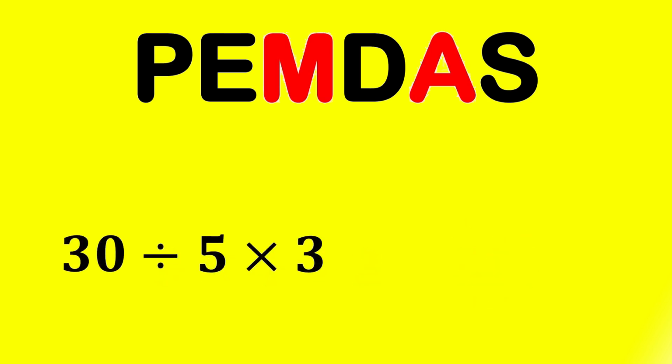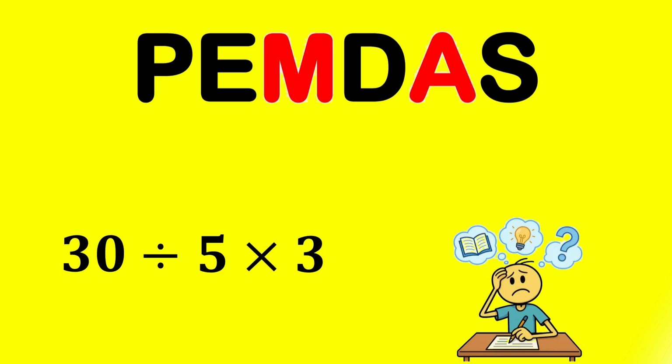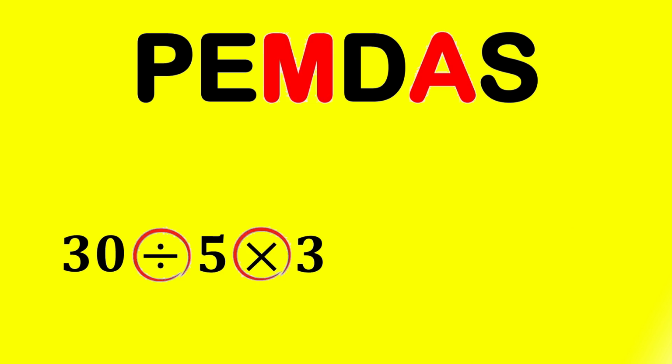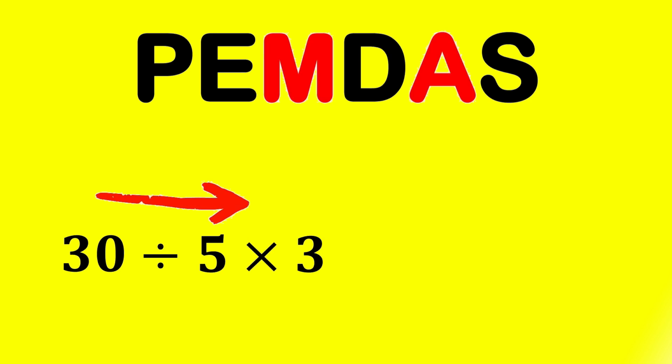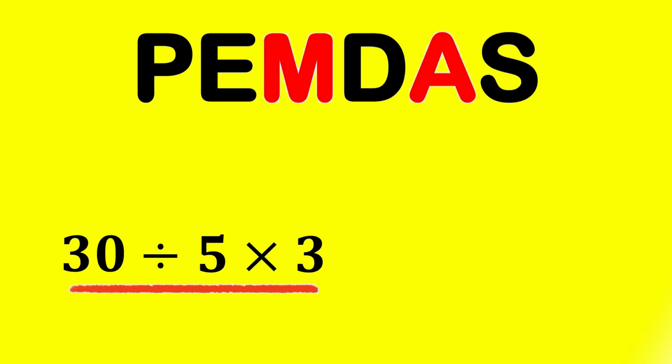Then comes the part that trips up most people, multiplication and division. These are on the same level in priority. So you don't always multiply first just because it comes earlier in the phrase. Instead, you scan the problem from left to right and do whichever of the two appears first. For example, look at this expression, 30 divided by 5 times 3.